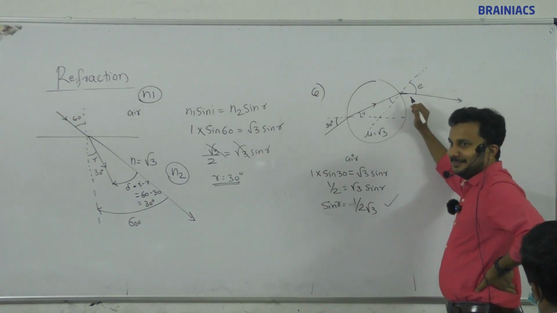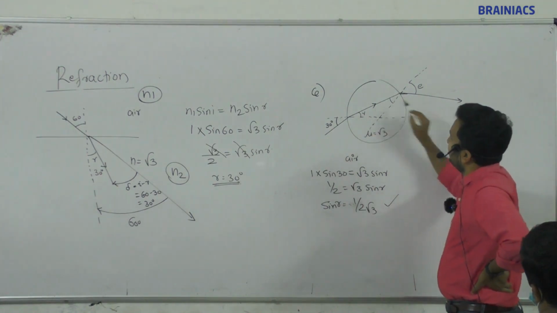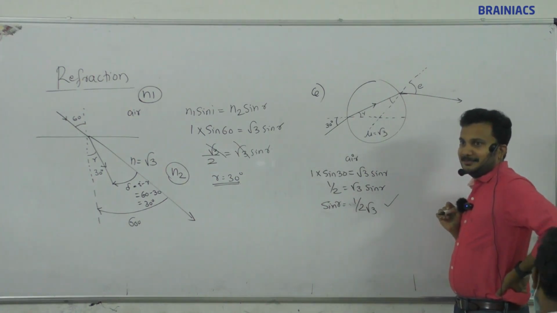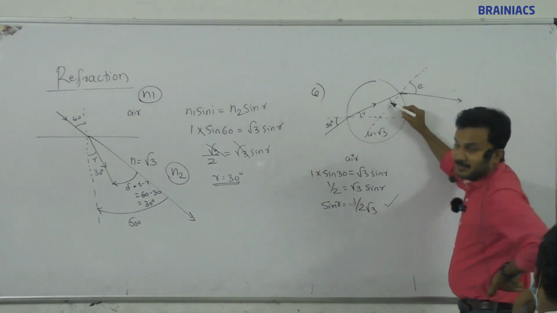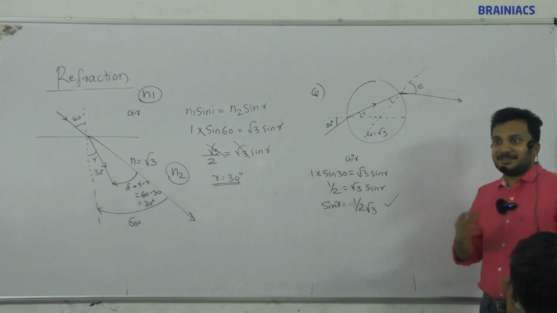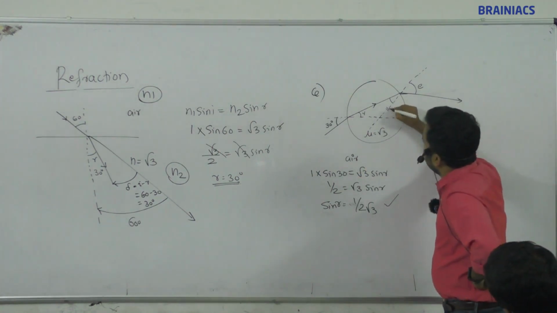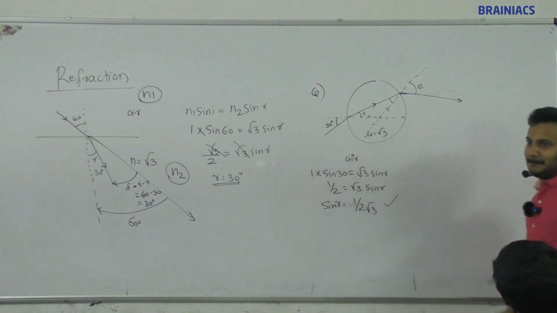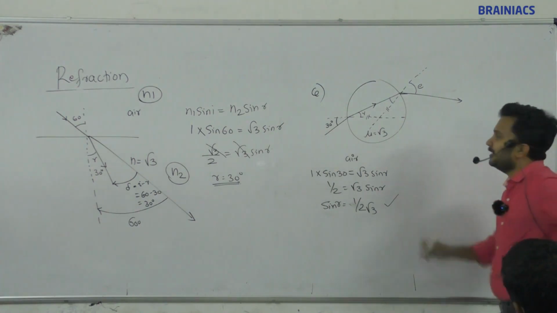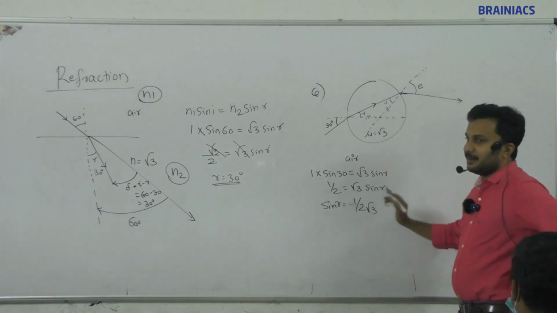The refracted ray becomes the incident ray for the emergent ray. But this angle and this angle, this is r. What is the value of this one? Same logic. This is an isosceles triangle, that's the reason. This is also r.